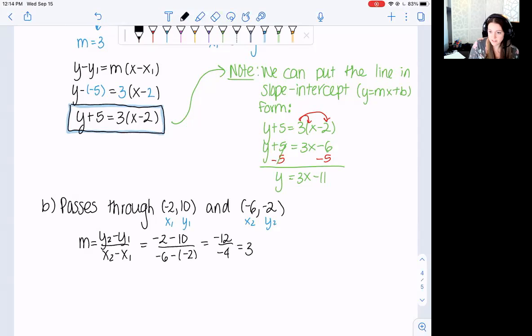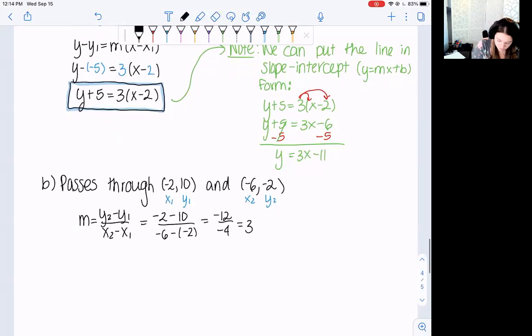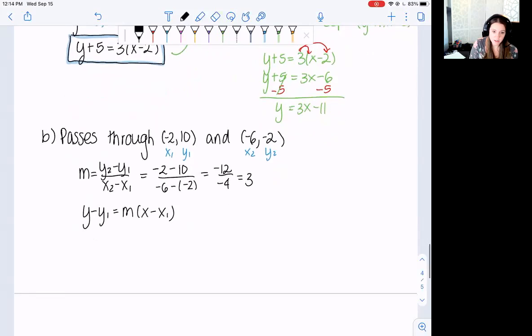So my slope is +3. And we have y minus y1 equals m times x minus x1. And we have 2 possible answers because we have 2 different points that we used.